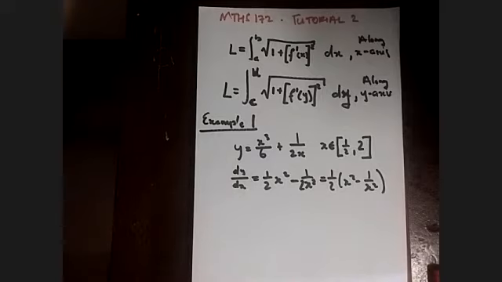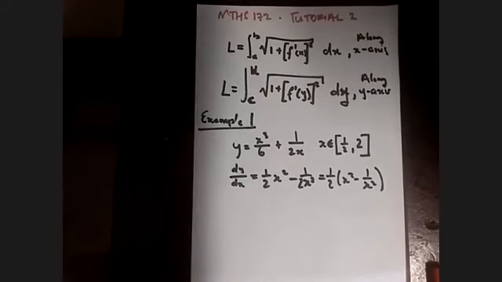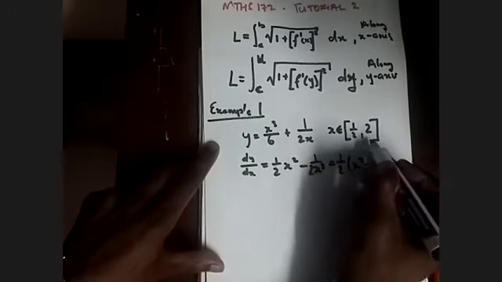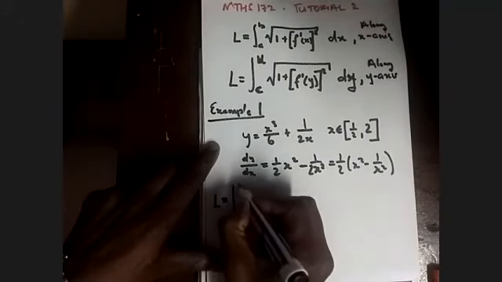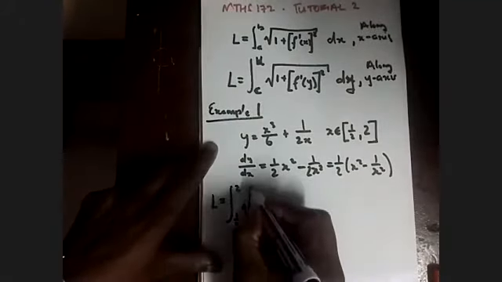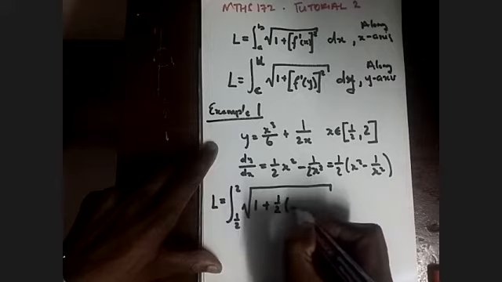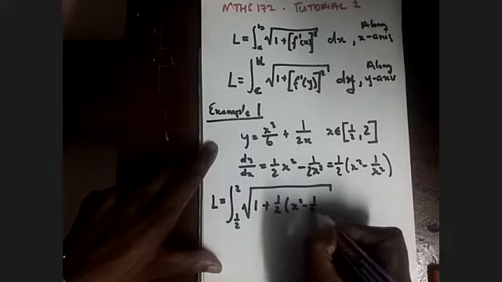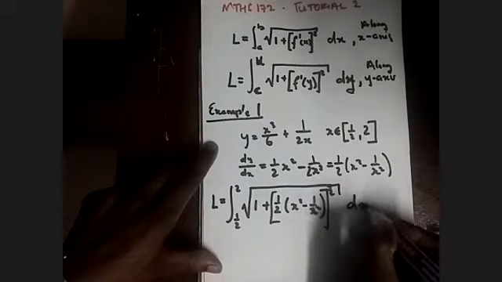So after finding the derivative, we are now going to take that value of the derivative and substitute it into our equation. Since the value of a is given by 1/2 and the value of b is given by 2, we're going to have the arc length as the integral from 1/2 to 2 of the square root of 1 plus (1/2 x squared minus 1/x squared) squared dx.